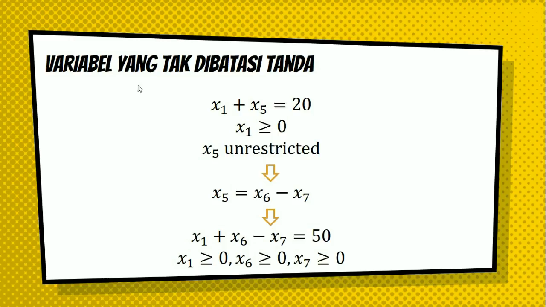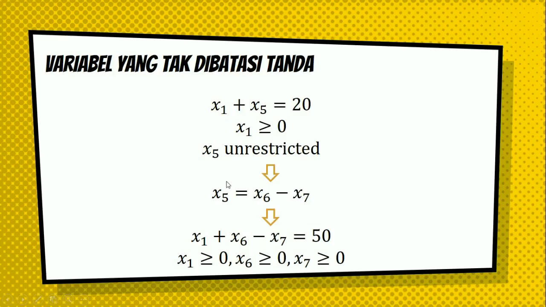or another form like this: x1 plus x5 equal to 20 with x1 greater or equal to 0 and x5 unrestricted. That means x5 can have either a negative or positive value, but in canonic form all variables must be greater than or equal to 0. So x1 is greater than 0 and so on.